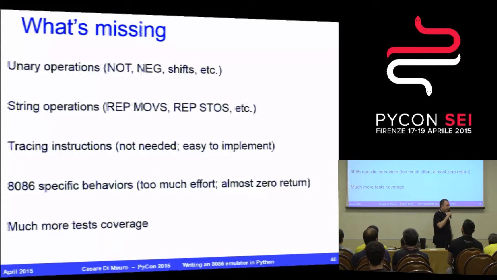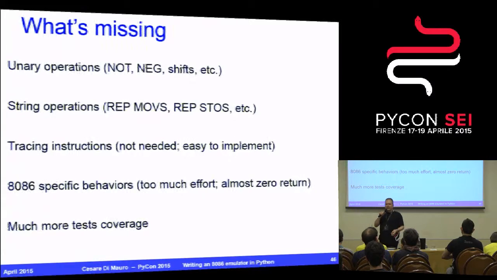I haven't implemented the tracing of instructions. That's a special feature of the processor, which I don't need for my project. So it's easy to implement, basic, but I don't need it, and I don't want to implement it. And I also decided not to implement some special corner cases of the processor because it would take time to implement, and also it would slow down the execution with no gain for such stuff.